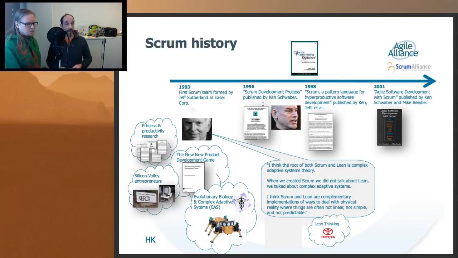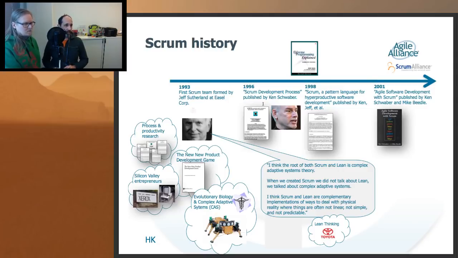But Jeff Sutherland has said or written that he used science as a tool or as a backup. For instance, evolutionary biology, complex adaptive systems, things that you would think have nothing to do with software. But they do.